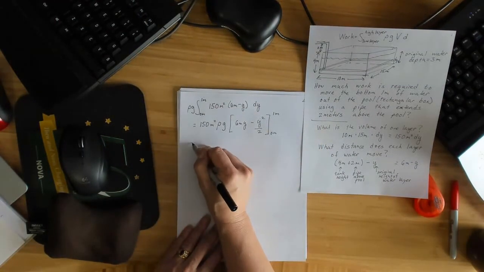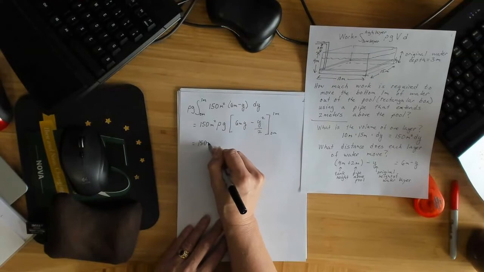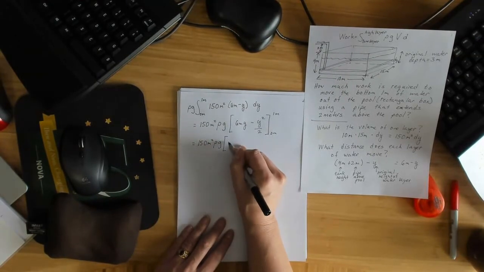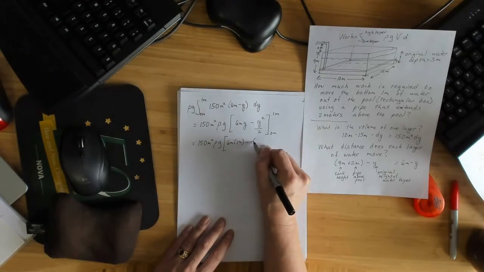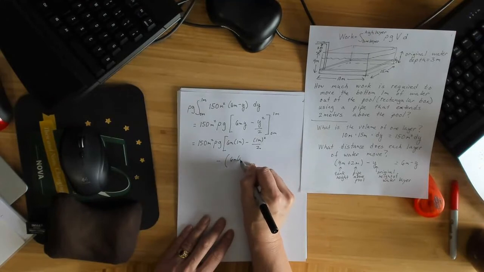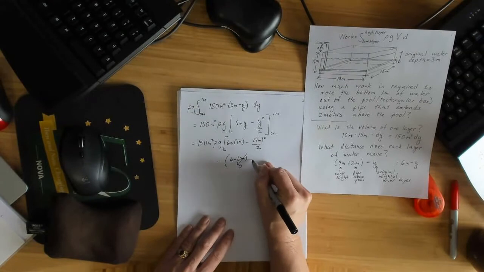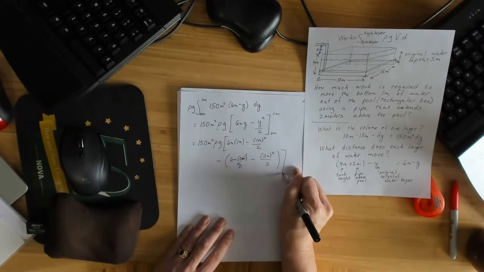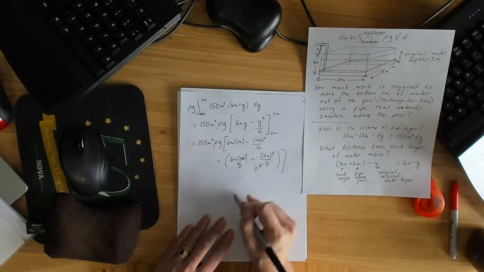When I plug in these values, I will again have 150 meters squared rho g times 6 meters times 1 meter minus 1 meter quantity squared divided by 2 minus 6 meters times 0 meters, which of course will just be 0, minus 0 meters quantity squared divided by 2, which will also of course just be 0.